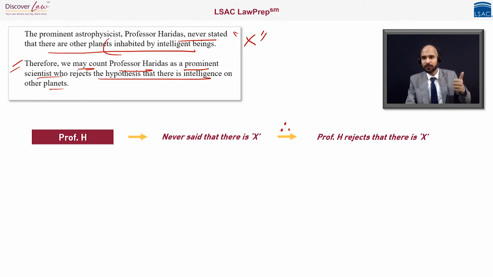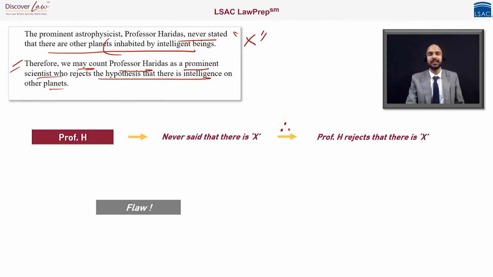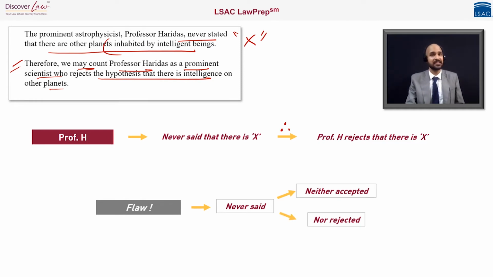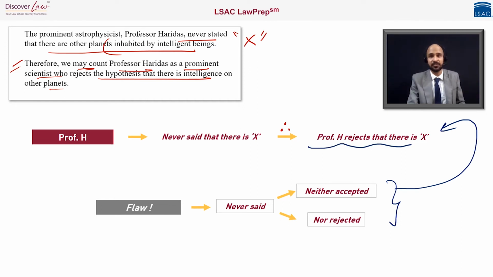Now, what is the flaw in this? Okay, the flaw is that he never said that there is X. So if he never said, it means that he neither accepted nor rejected, right? So this is the mistake. The mistake here is that when he's neither accepted nor rejected, how has the conclusion been arrived at that he has rejected it?